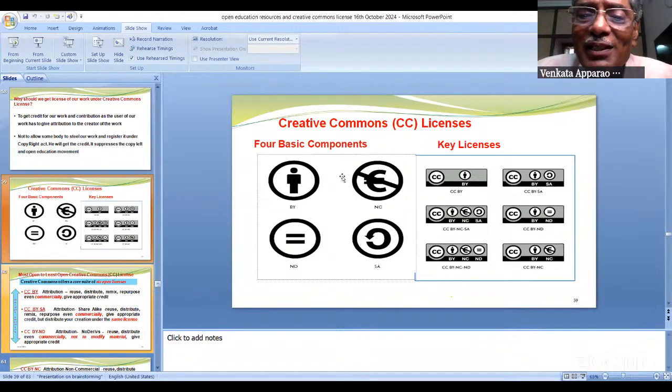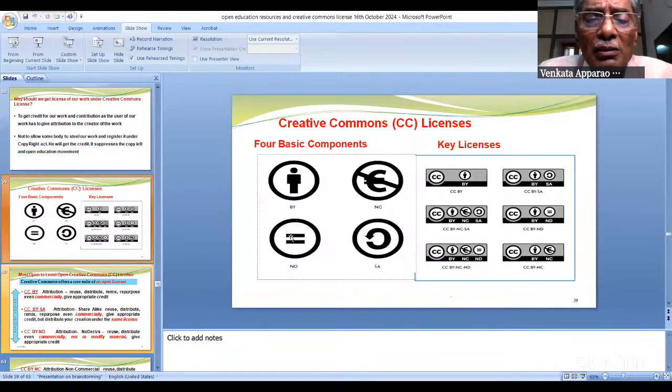This symbol is a circle with a dollar symbol and a cross. If this symbol is there, it means non-commercial purposes only. Now this is another one, a circle.